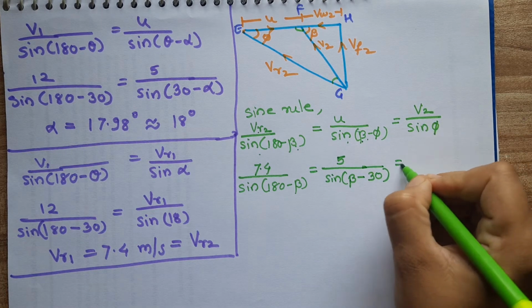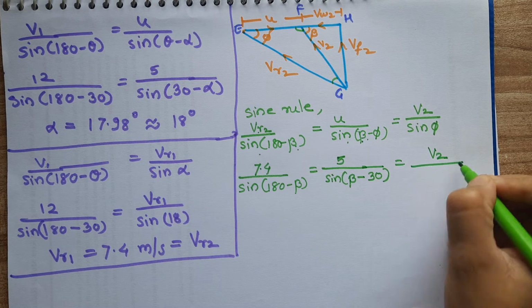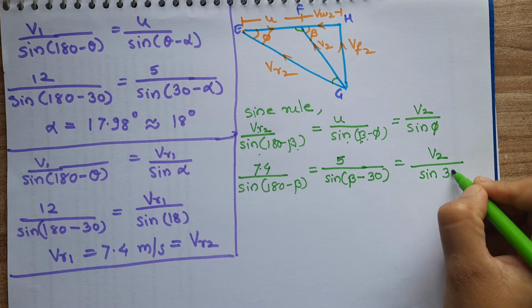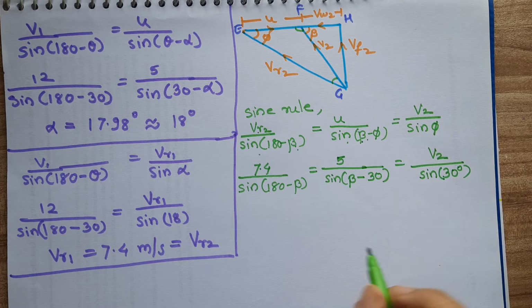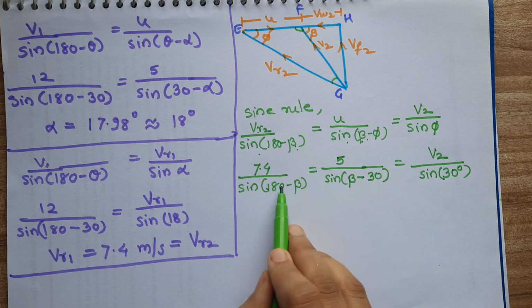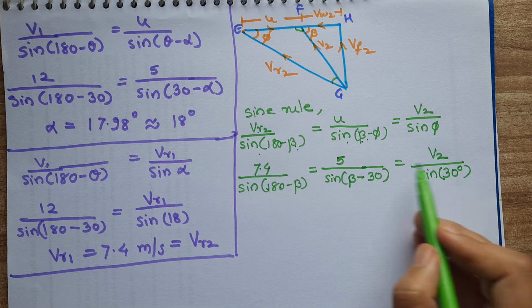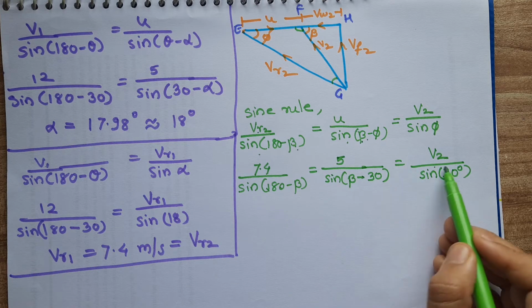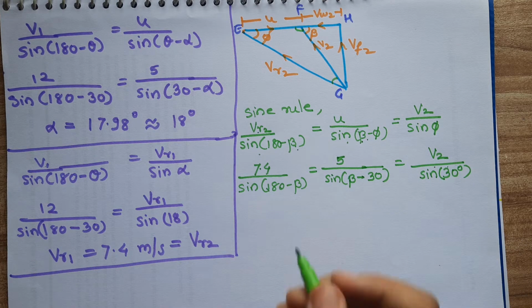Also we can write here V2 divided by sine of 30. So by equating these two values, we will get beta, and once we get beta, by equating these two we will get V2.